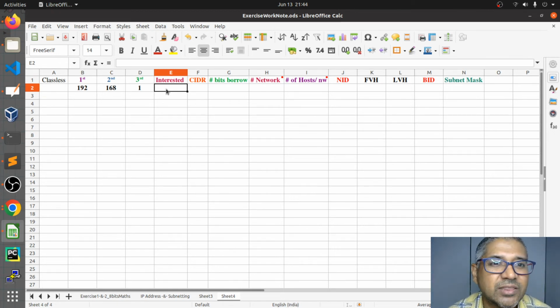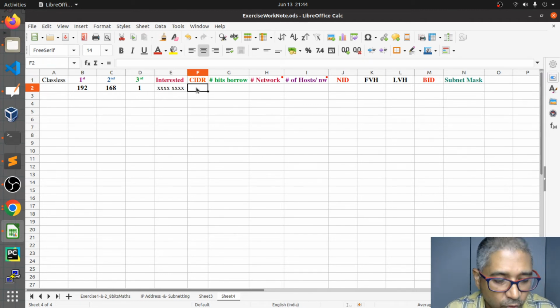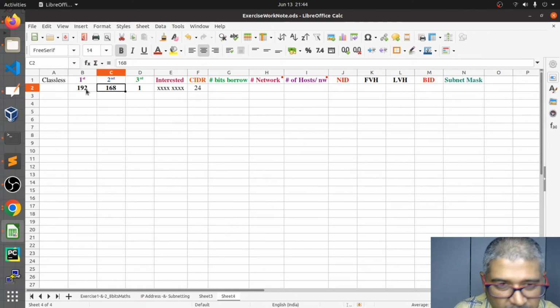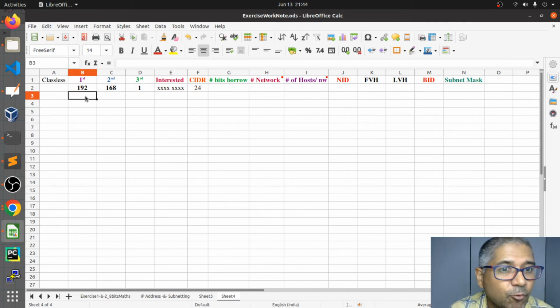The interesting part is nothing but the host bits. I'm going to write the host bits. Total 8 bits we have. So this is called /24 CIDR, meaning 8 plus 8 plus 8. Agree? Yes, sir. Okay. So we are not doing subnetting of this. We're going to study what happens once I move one bit to my network.